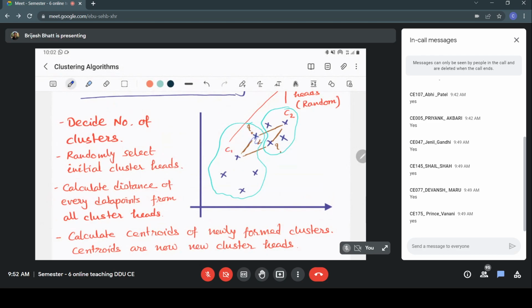If the data is something like this, then maybe the centroid of C1 will be something like this.